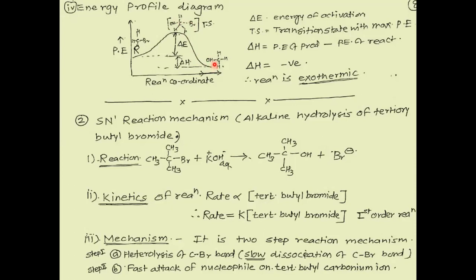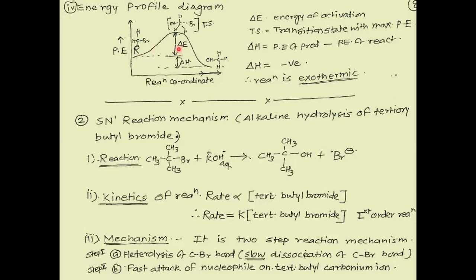Now, which are the terms here? Look here, this is the potential energy of the reactant and this is the potential energy of the product. This difference in potential energy is denoted by delta H. So what is delta H? It is the potential energy of product minus the potential energy of reactant. What is delta E? It is the difference between the energy of the transition state and the energy of the reactant.